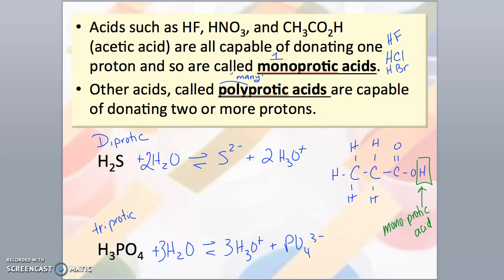An important note is that not all hydrogens are donatable, and just having some experience will help you see this. One rule that might be helpful at this point is that hydrogens that are attached to a carbon atom are not donatable. So the structure on the right of the image has 6 hydrogens, but only one of those is donatable. So this is a monoprotic acid.